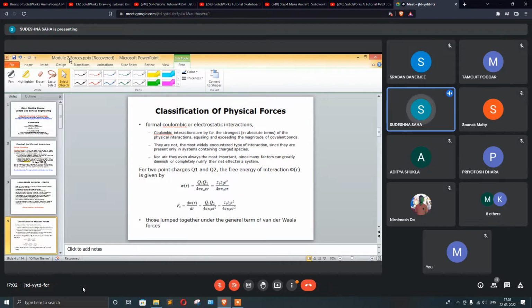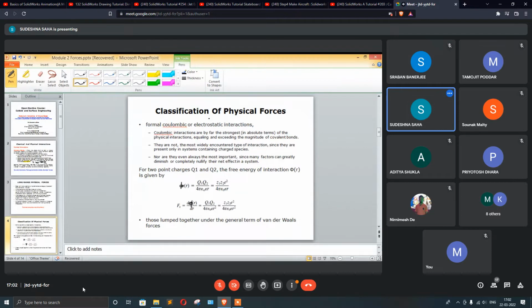The basic concept and equation involved are fundamental to many areas of physics and chemistry, and we are not going to develop those in this particular course. Rather, we will just talk about it, and then we will shift our focus to the van der Waals forces.